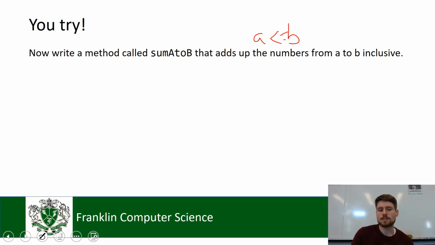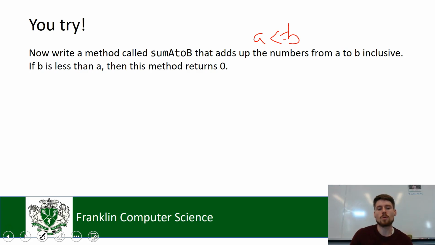So if b is less than a, the method will return 0. Okay? So go ahead and give it a thought and give it a test. And then if you've got it, you can look at my answer in a minute.